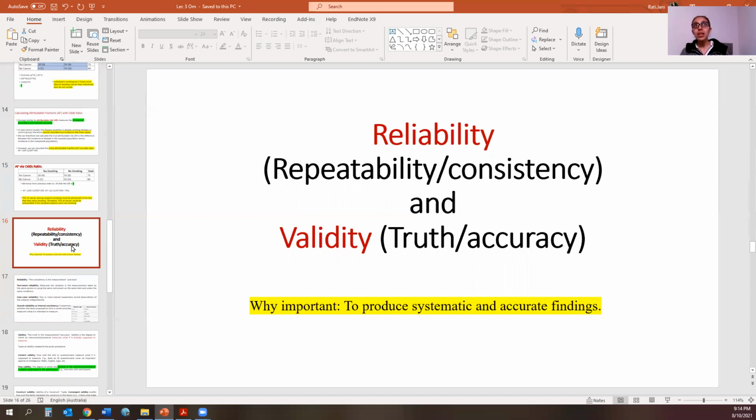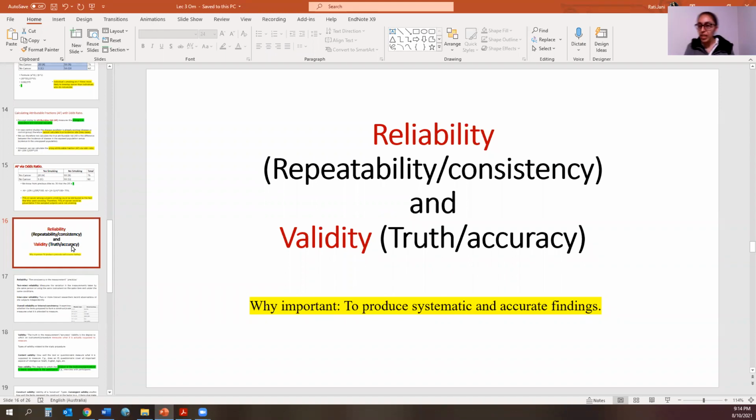For example, if I measure myself on a weighing scale, which generally families would have at home, it should give me consistent results. One time I can't be 52 kgs, the other time 62, and the third time 75.